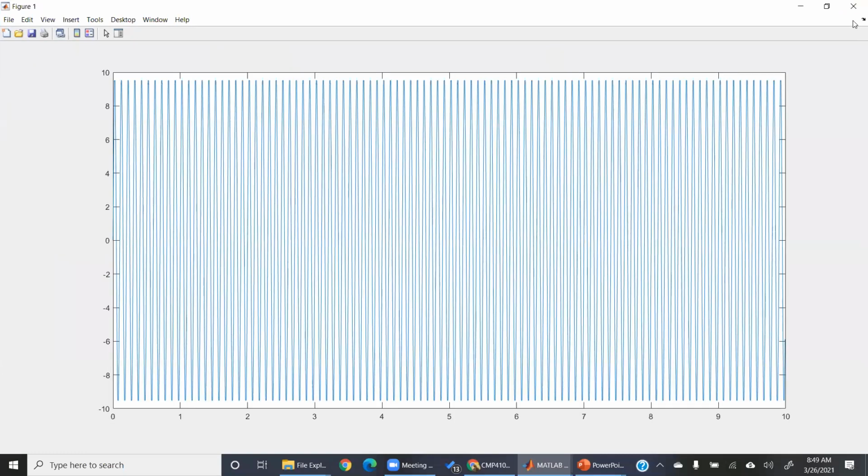Okay, so this is your sine wave. Maybe it's a little bit congested now because it's displaying the entire time axis from 0 to 10.